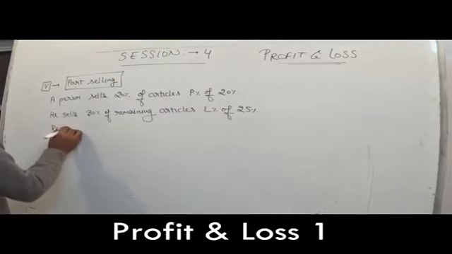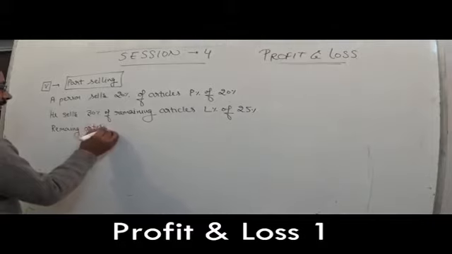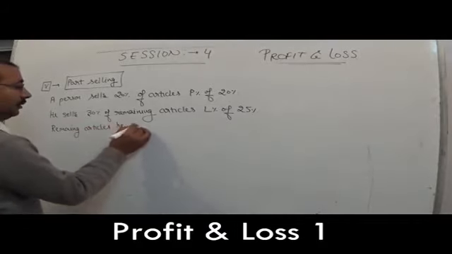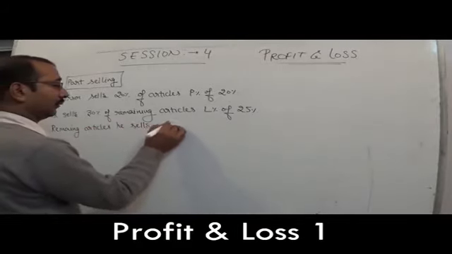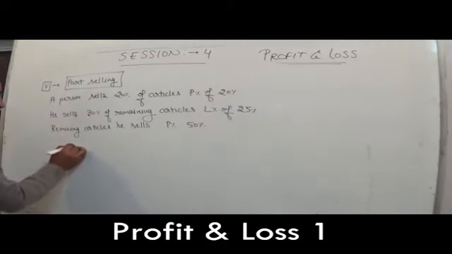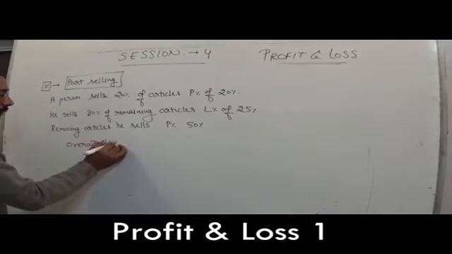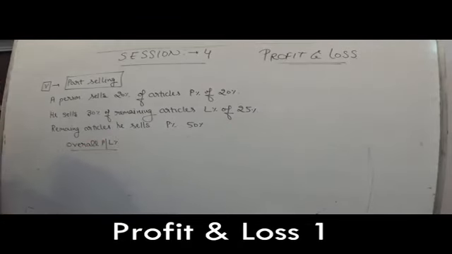Remaining articles he sells at a profit percent of 50%. We have to find out what is the overall profit or loss percent over the transaction.